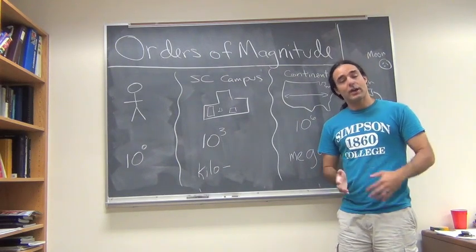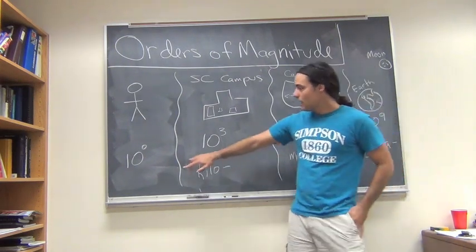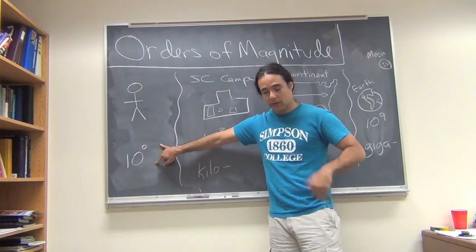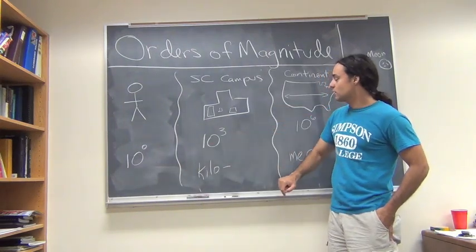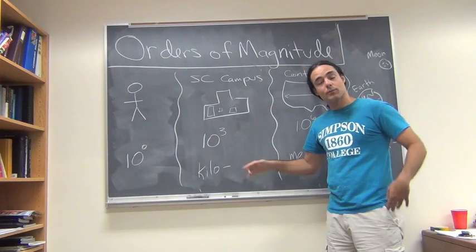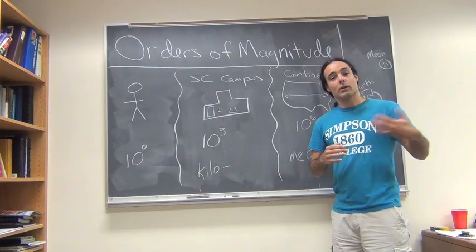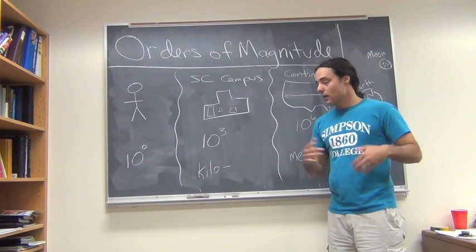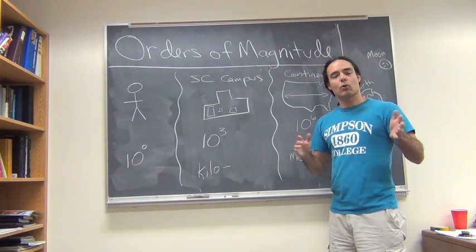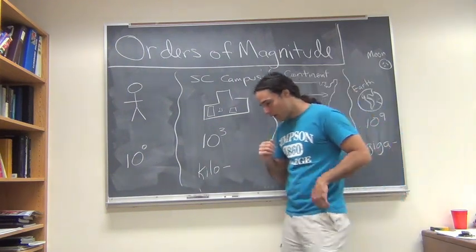Going in the opposite direction to larger things, again starting at people, 10 to the 0, we go up by a factor of 1,000. By 10 to the 3, that's kilo. A kilometer is about the size of Simpson campus. So it's not quite a mile if you're talking about kilometers.